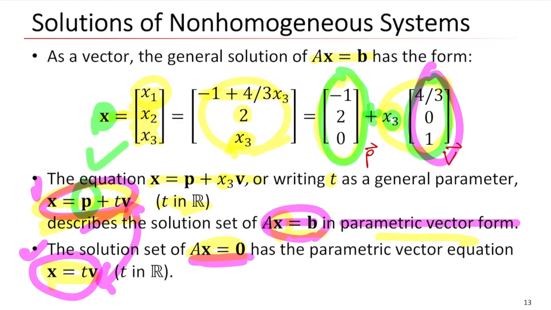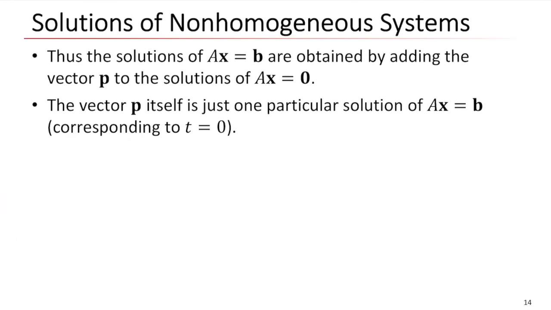Here, right? The only difference is here. What does that mean? The solutions of Ax = b are obtained by adding the vector p to the solution of Ax = 0.